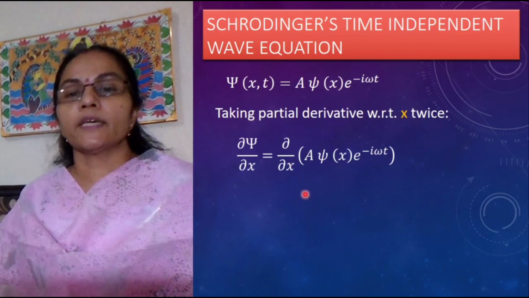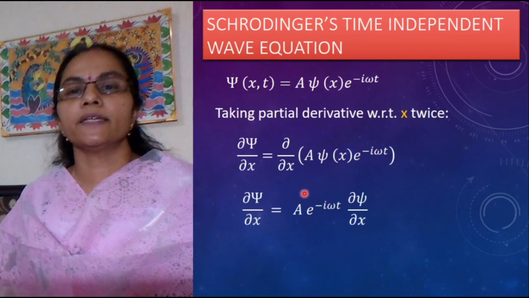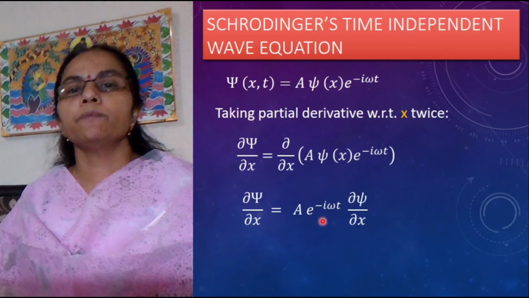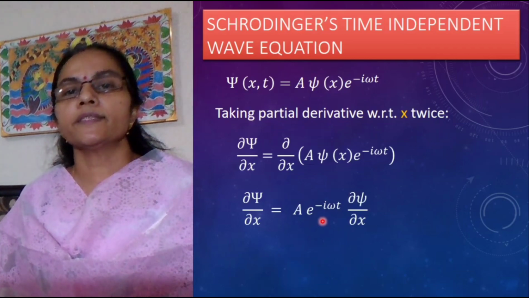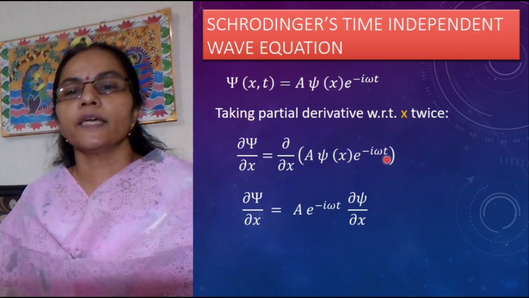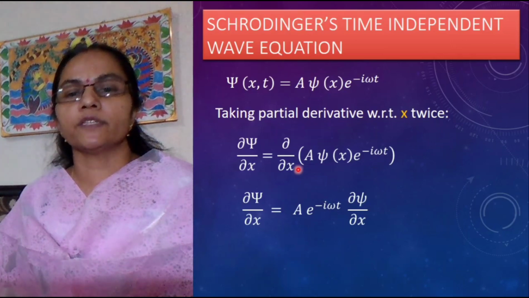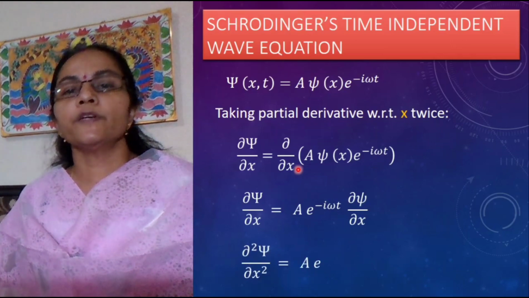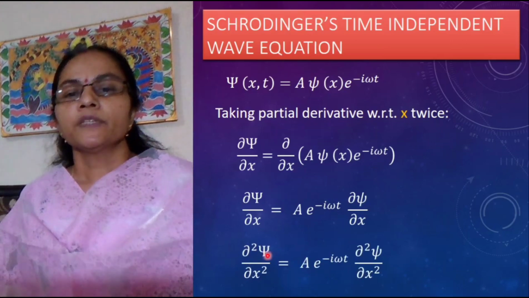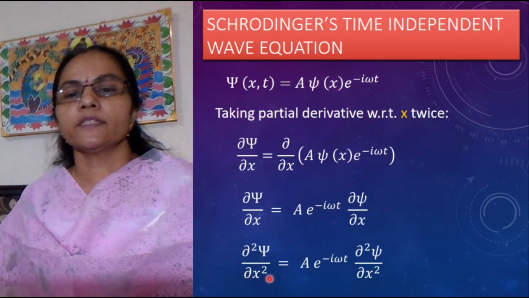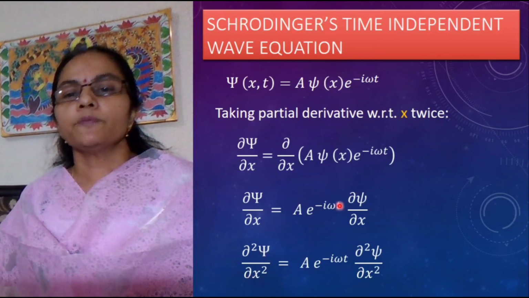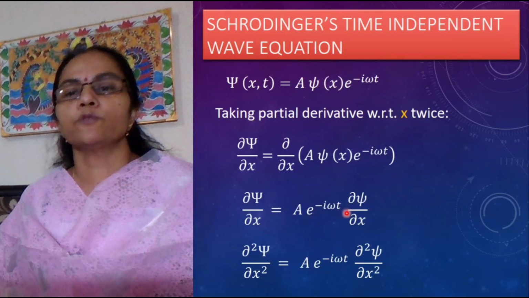Del psi by del x is equal to A e to the power minus i omega t into del psi of x by del x, because this is independent of x, I have taken that out. A is again a constant. Now differentiating it once again, I can write del square psi by del x square. This total term is constant, so I have taken this out and this will be differentiated once more.